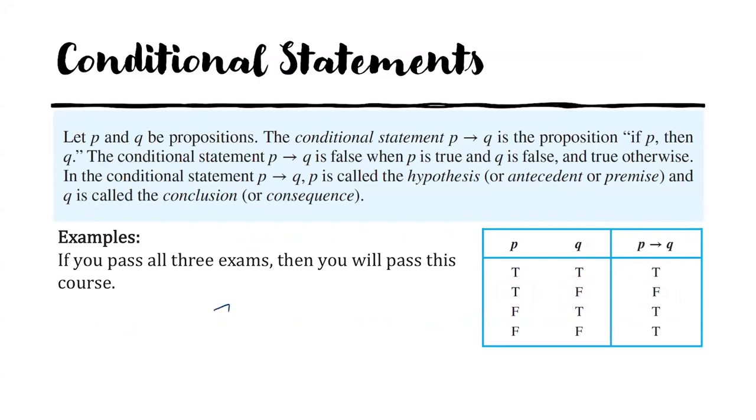So if we want to check the contrapositive, not Q implies not P, we know that when not Q, that is, not passing the course, it will imply that you must not pass the exams. So when we negate Q, when Q is false, the only condition it can happen is that P is false, in order for this implication to be true.